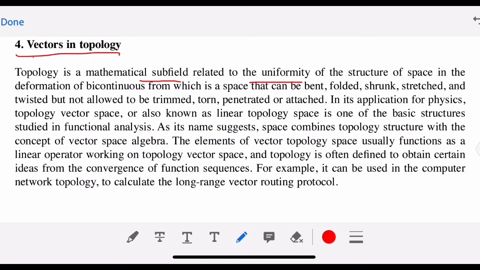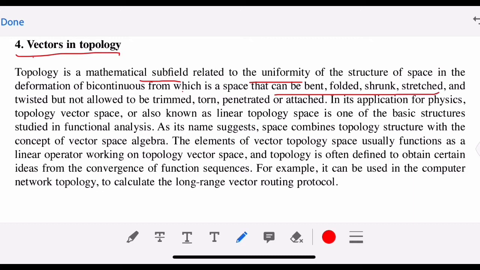As its name suggests, space combines topology structure with the concept of vector space algebra. The element of vector topology space usually functions as a linear operator working on topology vector space.